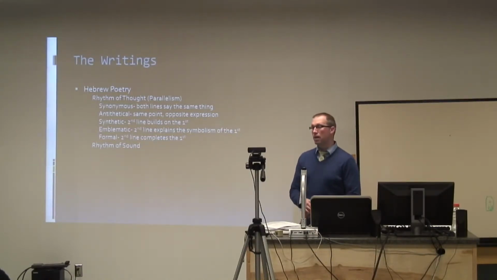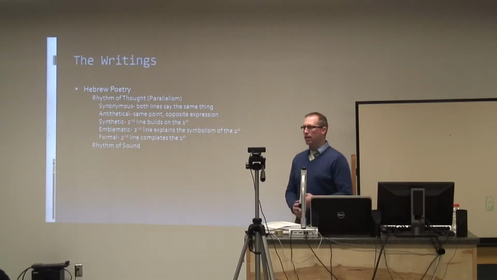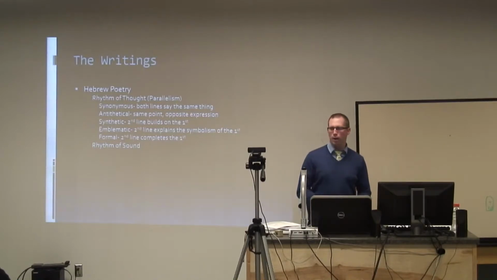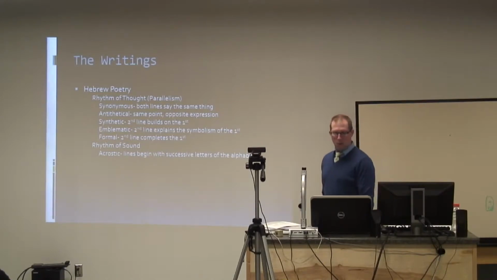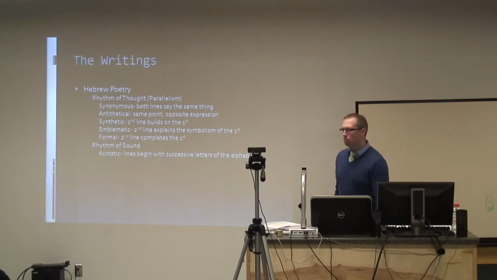But I do like sometimes to pull that out and read through the way that he translated some of the Psalms in English poetic fashion. There is a certain rhythm of sound that can come as well, and there are a couple of different ways that this could be accomplished.